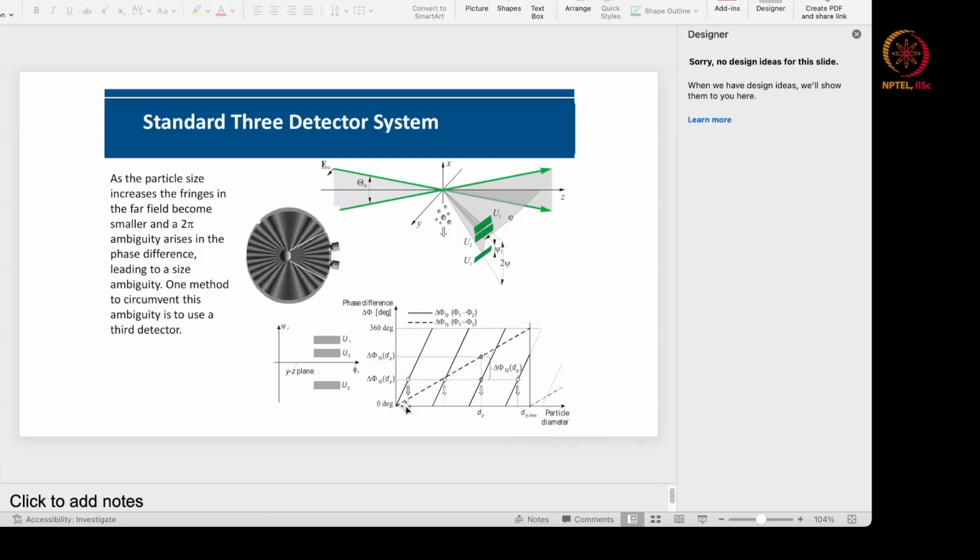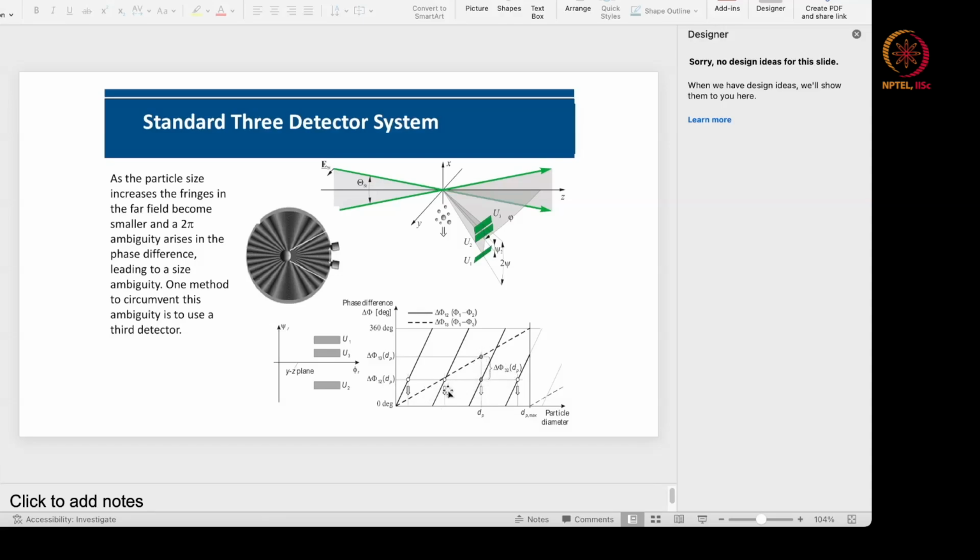So what happens is that, say you use the first two detectors and you measure a phase right there, right? And then you measure the third detector, which measures the phase like that. Now, this detector will give rise to a certain diameter, and then you measure the phase difference between detector 3 and 2, and this will actually give you the particle diameter.